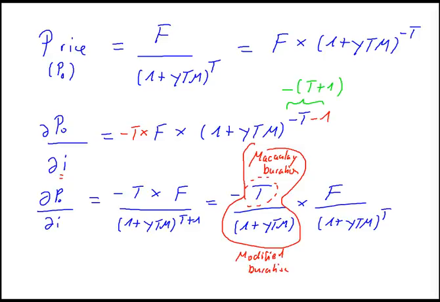And if we take the face value of the zero coupon bond and divide it by 1 plus the yield to maturity to the power of t, that gives us the price of the zero coupon bond.